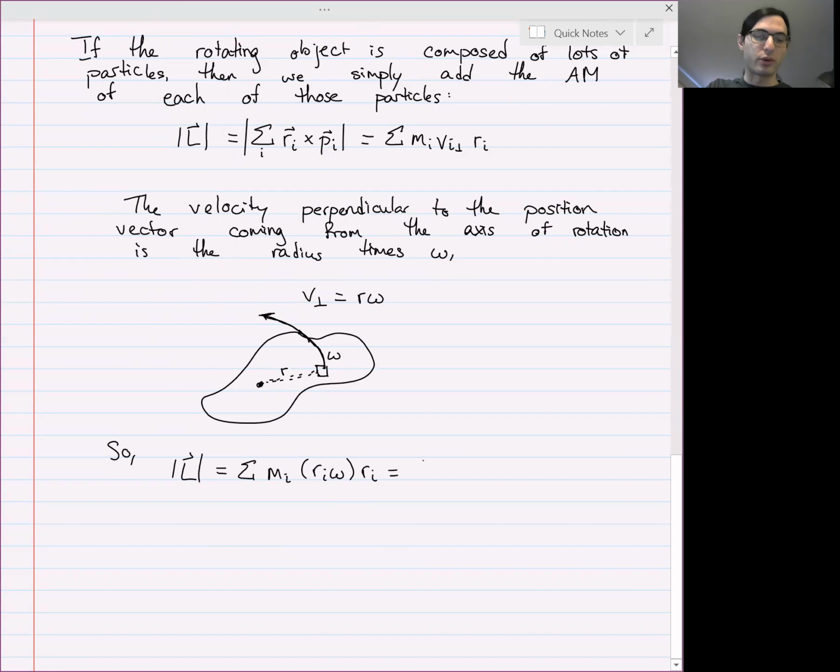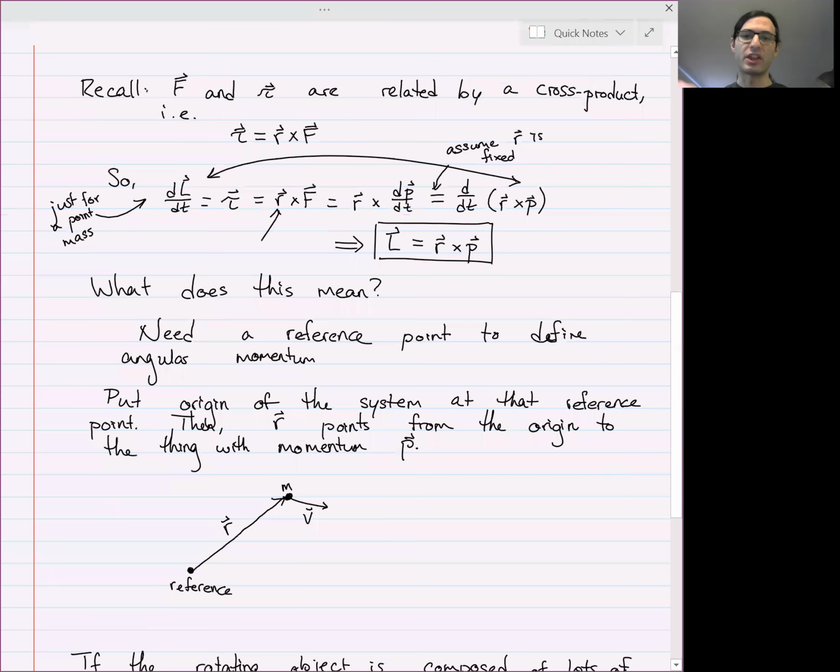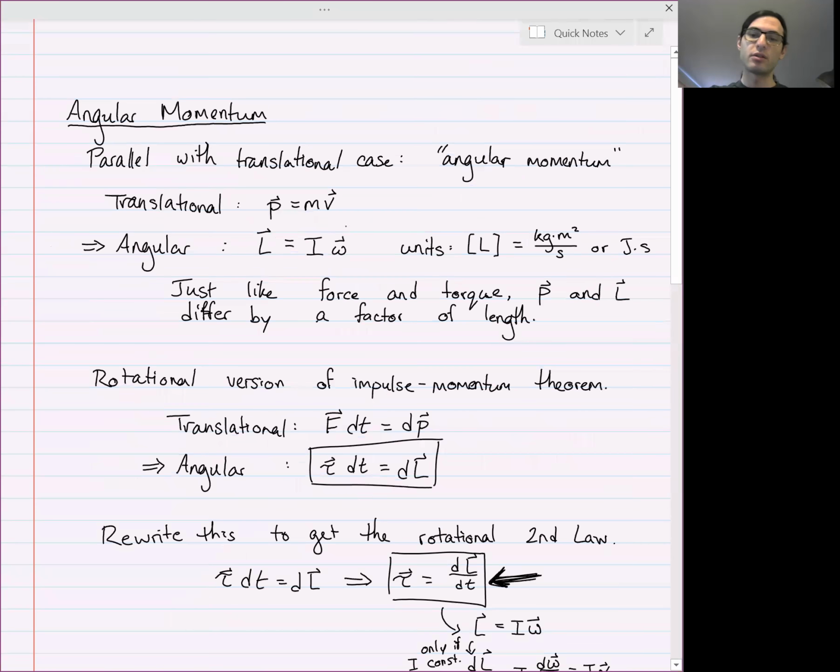And so this is equal to a sum of mi times ri squared, and then we can factor out an omega. But remember that the sum of m times r squared for all of the different chunks is how we define moment of inertia. So this is just I omega. All of this was a way of showing that the thing we hypothesized was correct.